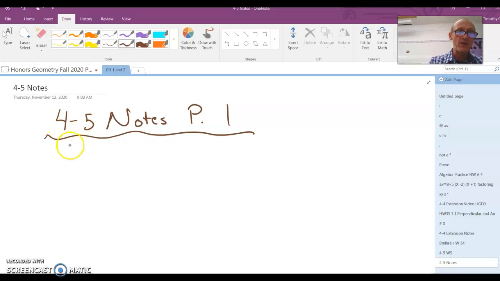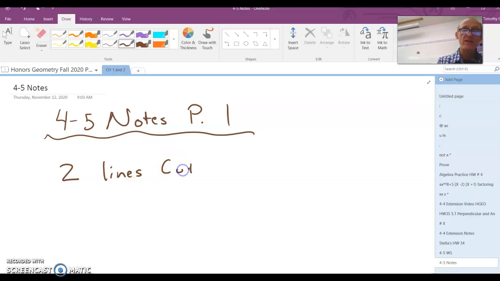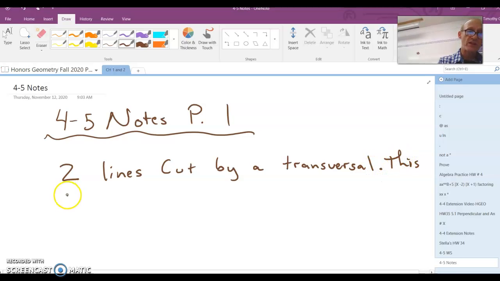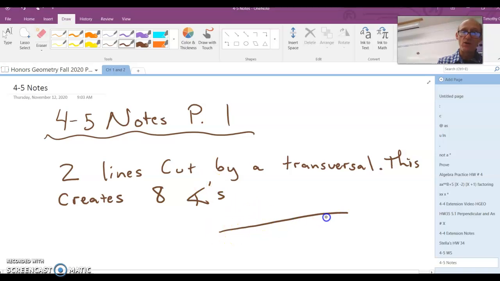In chapter 4, section 5, there's a main idea called two lines cut by a transversal. This creates 8 angles, and it looks like this.